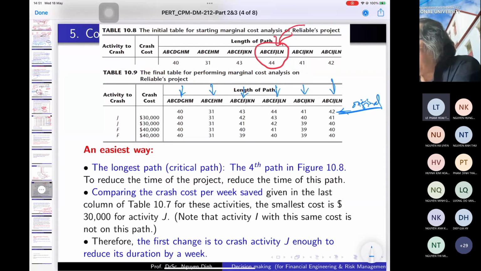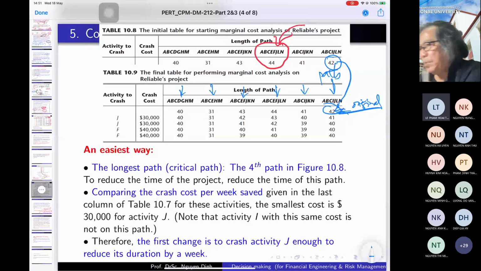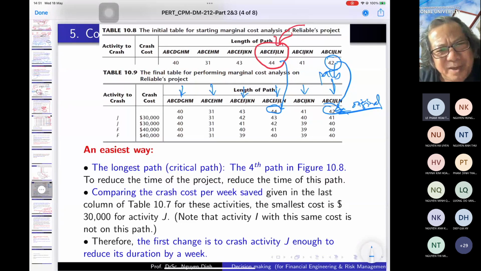We have 6 paths. Here, for example, the last path is 42, and the original is 42 here. And the critical path is 44 here, and the beginning is 44. Okay? Now, I see that J is the cheapest.